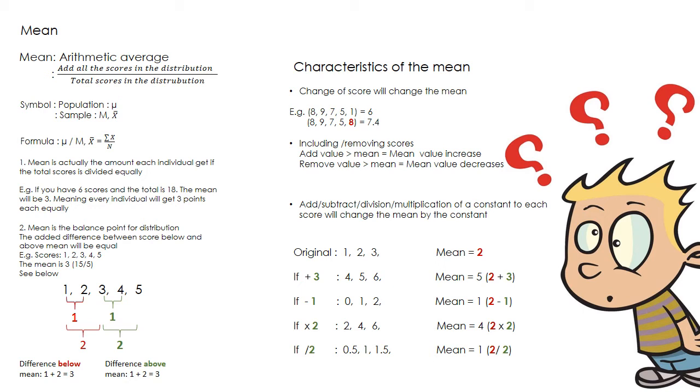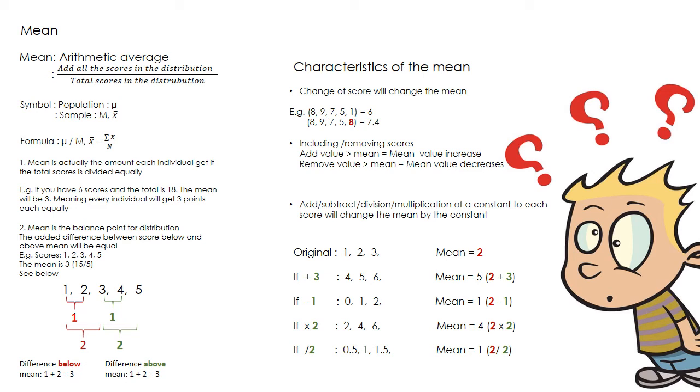What does this 3 mean? Every individual will get 3 points equally. So the mean is like saying that if you divide them, you get equal values for each individual in the data.